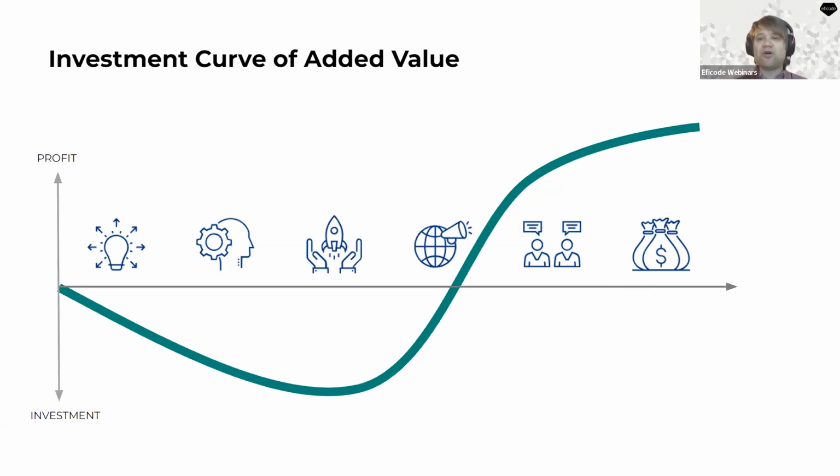And then at that point you need to be able to decide what to do, whether you boost it, whether you do something else to try to gain more profit out of it, or then you actually end the life of that product. But this is the investment curve of added value, which some of you might have seen before. This is the background of the thinking for today. So that's the reason I wanted to show it once again.